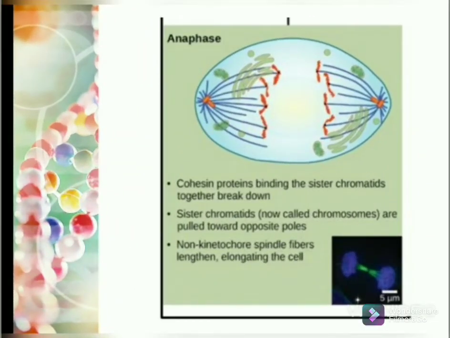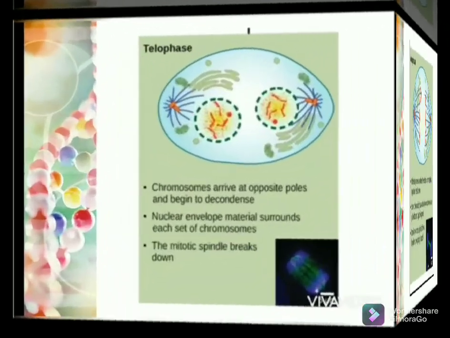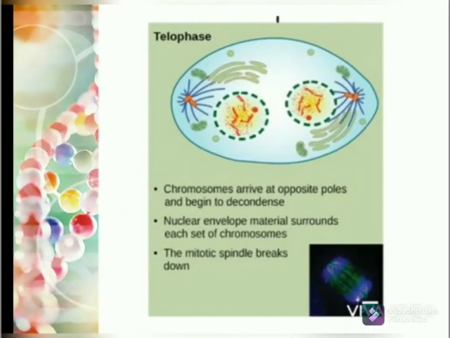Anaphase. Cohesin proteins binding the sister chromatids together break down. Sister chromatids, now called chromosomes, are pulled towards opposite poles, and non-kinetochore spindle fibers lengthen, elongating the cell. Telophase.